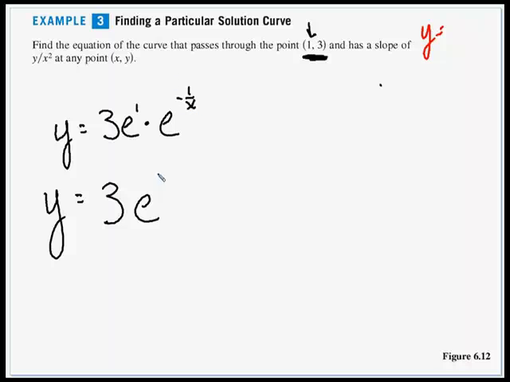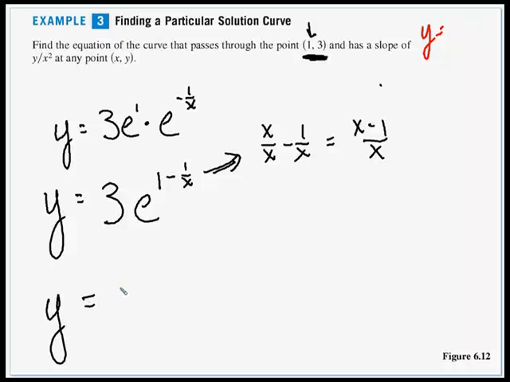It's going to be 1 plus a negative 1 over x, or 1 minus 1 over x. Let's do a little scratch work. We can rewrite 1 with a common denominator as x over x minus 1 over x, and we'll put that over the common denominator and have our numerator quantity as x minus 1. So y equals 3e to the power x minus 1 over x.